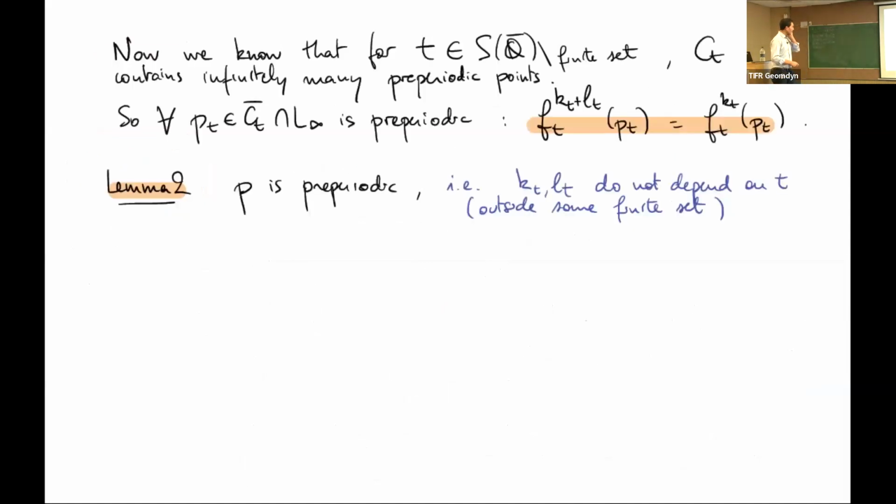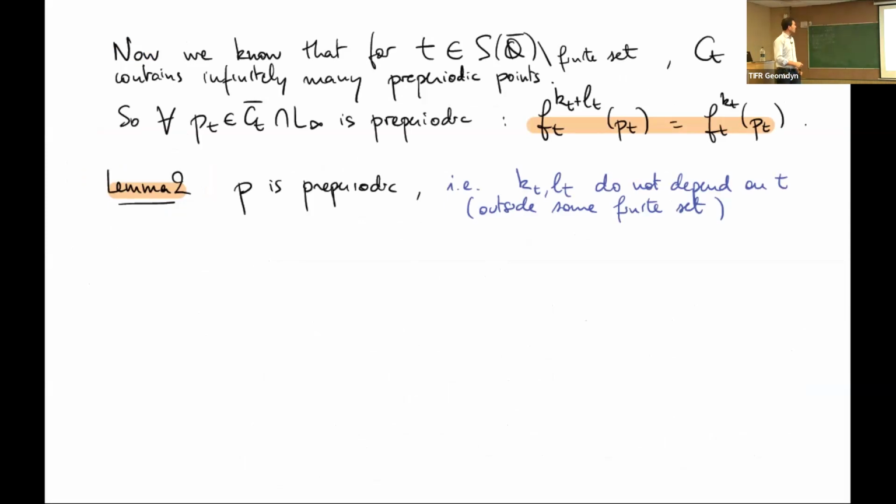The next thing, so let's do it. S is the base of this family, same notation as in Laura's talk. Now we know that for every algebraic point in S outside the finite set, we can apply the first part. In particular, by the Zhang theorem, we know that the point at infinity is preperiodic.